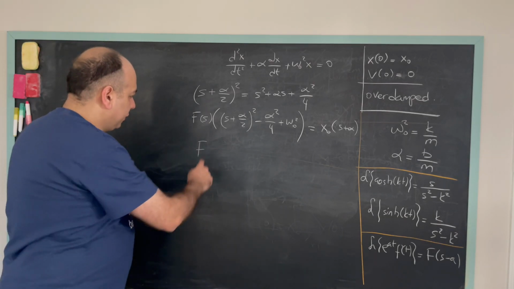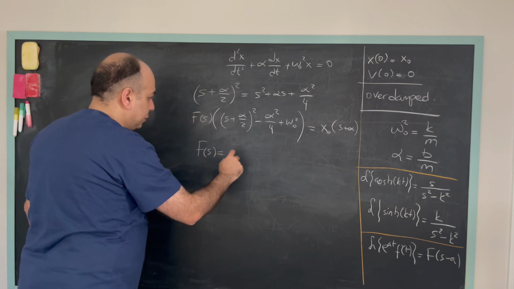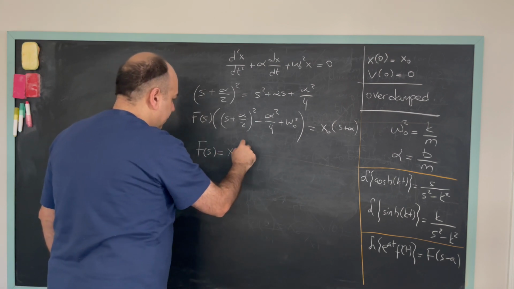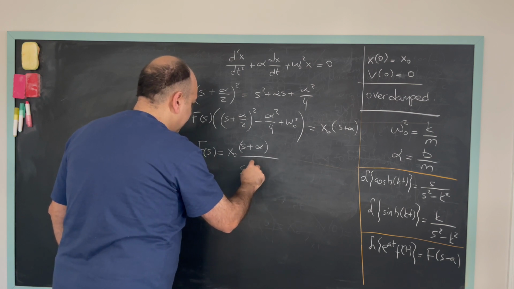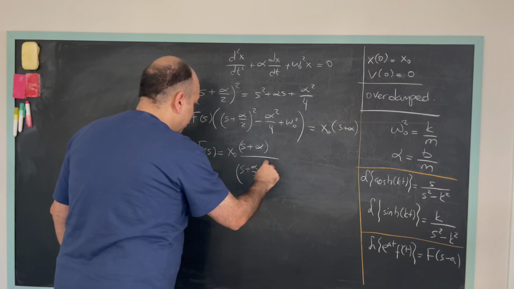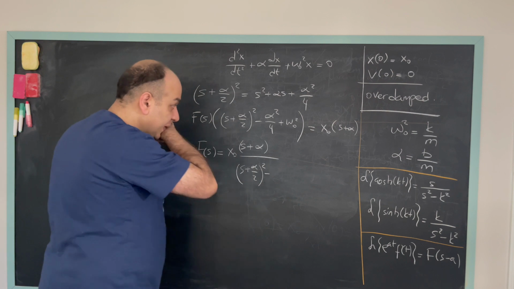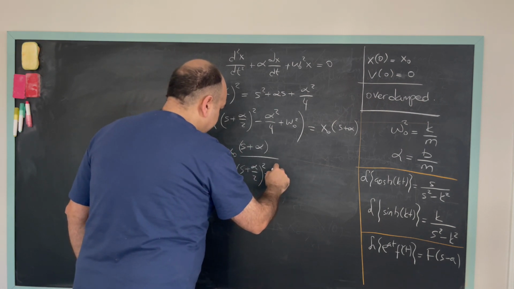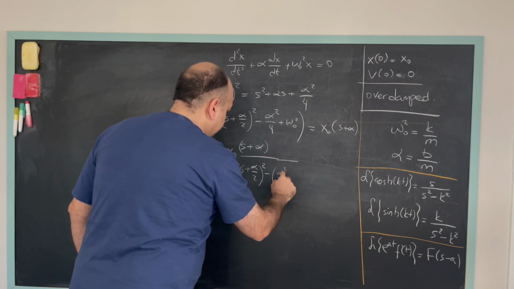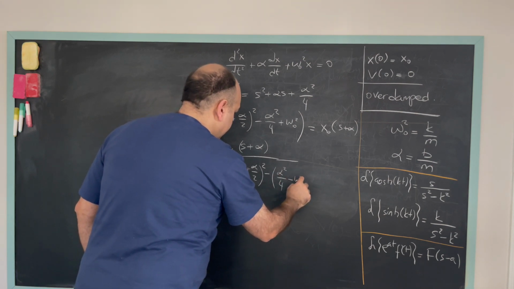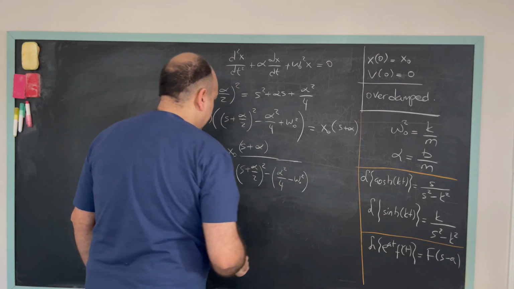Now we can write F of s. So F of s is equal to x naught times s plus alpha divided by s plus alpha over 2 squared minus, if we put it in the common parentheses, alpha squared over 4 minus omega naught squared.